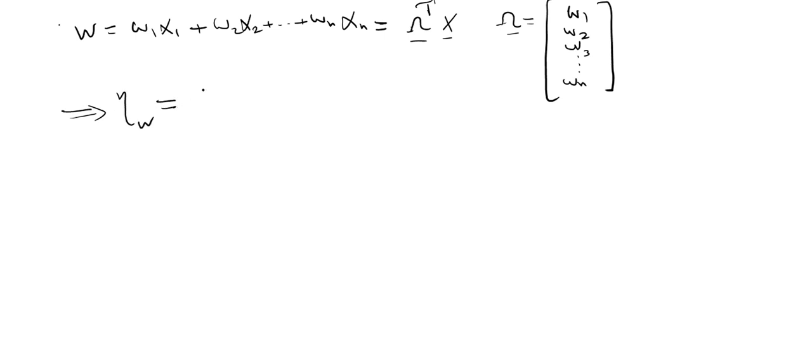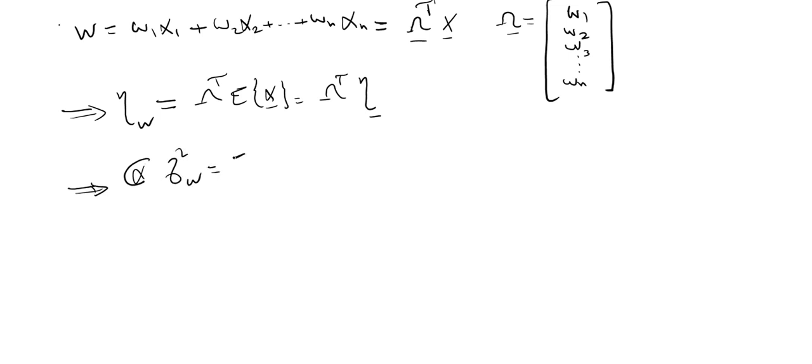And now eta W is the mean of W, and I can take the expectation of omega transpose X. It is omega transpose times the expectation of X, and it's omega transpose eta, where eta is the mean of X.